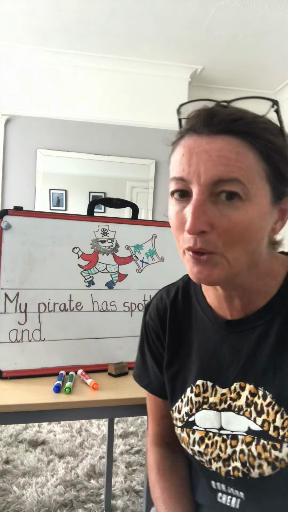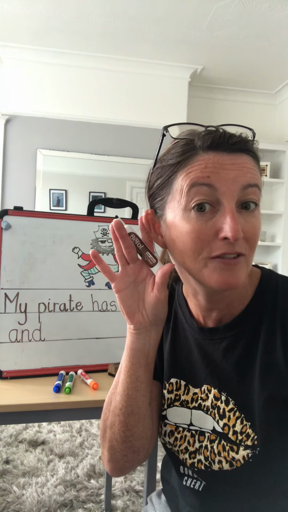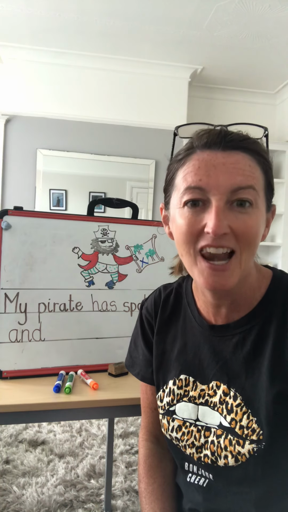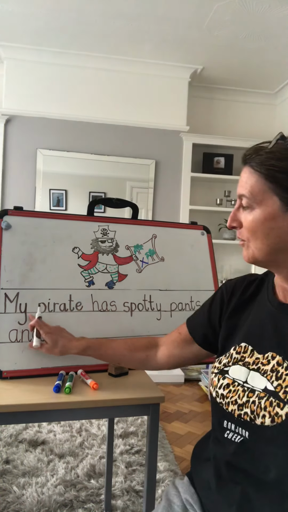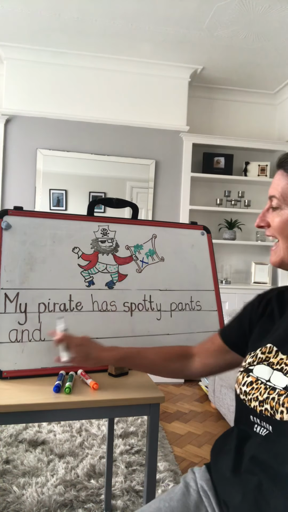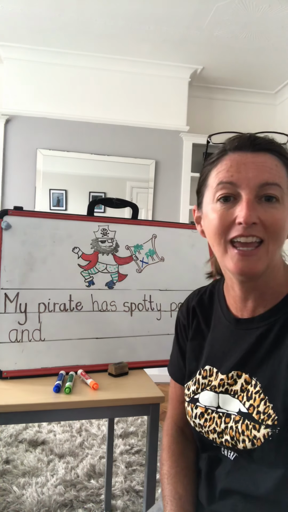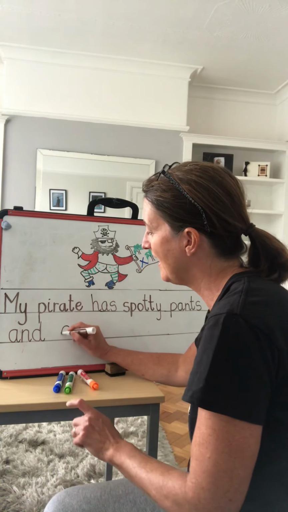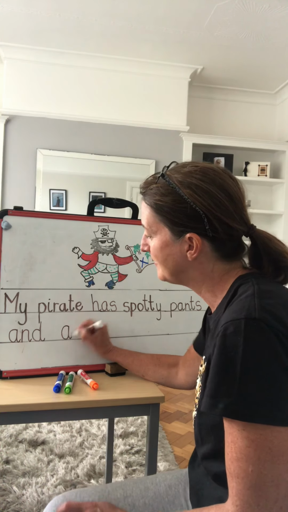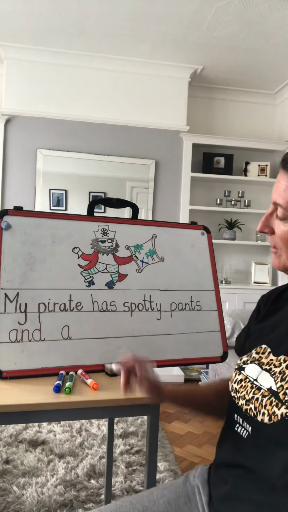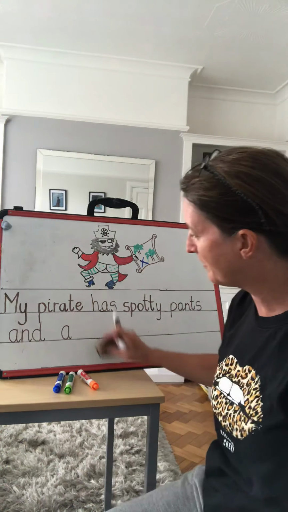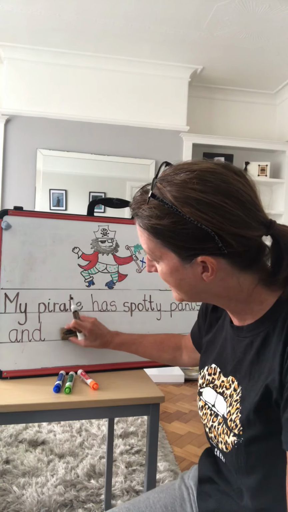It's a tricky word. It's not the digraph A. It's a tricky word and it's only one letter. So my pirate has spotty pants and a. That's right. Finger space. A. Map. Now look. Do you think that space is a little bit big? I do. I'm going to rub that out because we don't need a space that's too big.